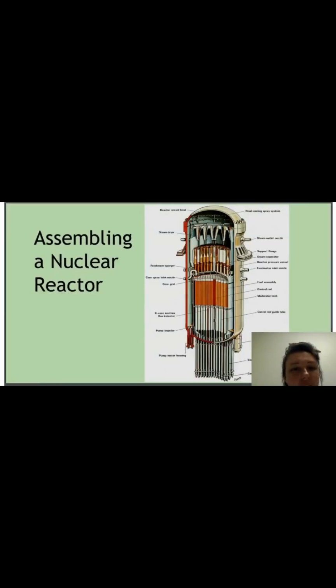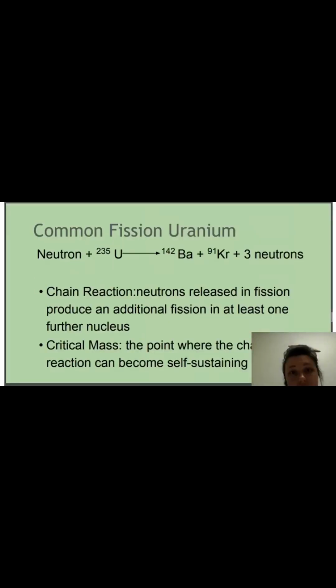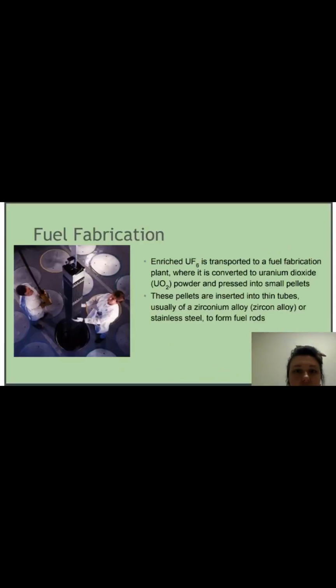That brings us to talking about our reactor core. So now I have my uranium-235 and I press it into a little pellet, and those pellets can get loaded into an assemblage of a reactor core system. And once again, just reviewing chain reactions, I can now make my fuel. I take my uranium hexafluoride and convert it back into uranium dioxide, so it goes back into its powder form. Then I press that powder into pellets, and those pellets get loaded into a zircon alloyed shaft.